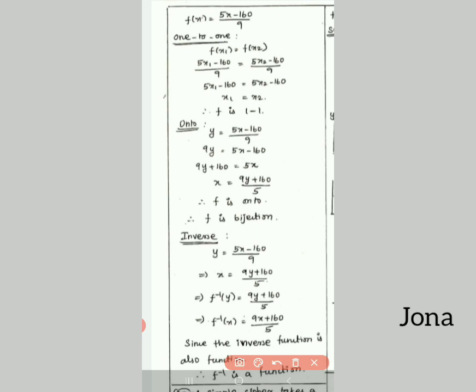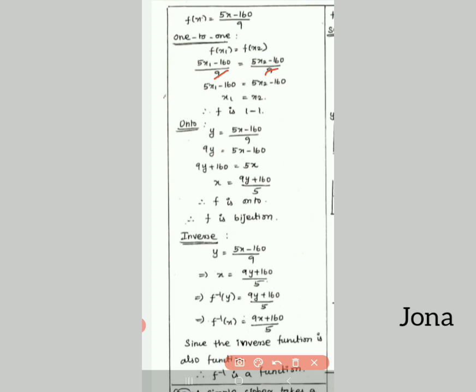From f of x1, which is 5x1 minus 160 by 9, equal to f of x2, which is 5x2 minus 160 by 9. I can cancel both the 9s here, so that I get 5x1 minus 160 equal to 5x2 minus 160, and again I can simplify. 160 and 160 will go off.